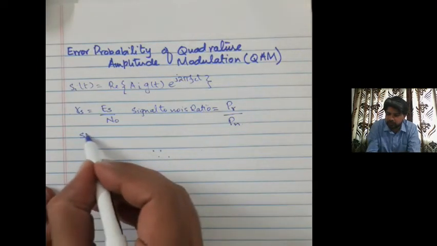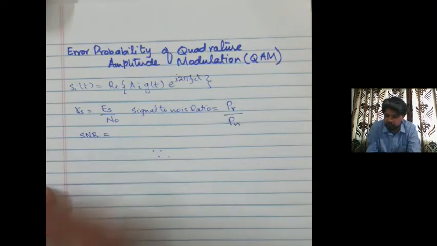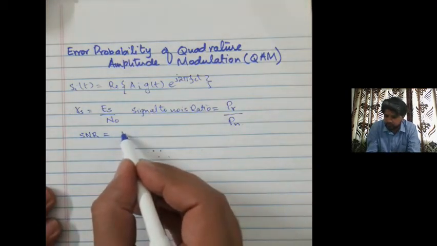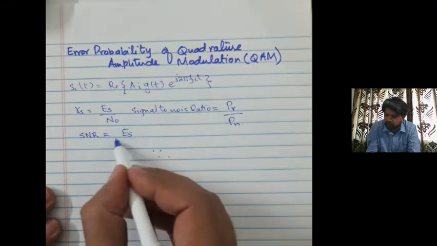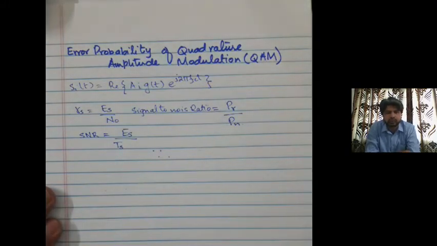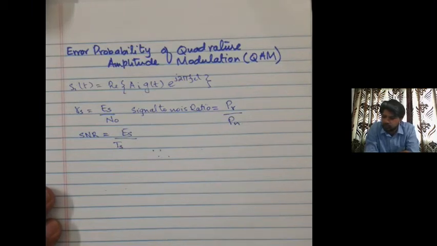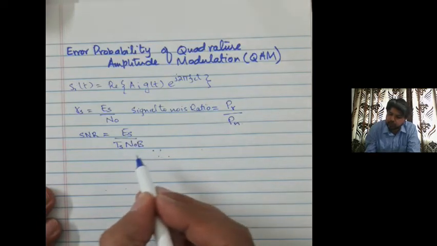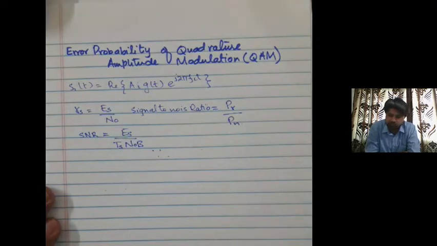So if I call it SNR, then SNR would be the symbol energy transmitted divided by the symbol interval, right? That would be your received power in the absence of any attenuation, divided by the noise power, which would be equal to N_0 B. So that would be your signal to noise ratio.